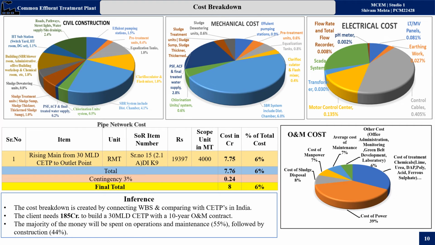In operation and maintenance, the cost of disposal will be 8% of cost, and manpower has 7 percent. So the cost breakdown is created as per the WBS, and the majority of the money will be spent on operation and maintenance, which is 55%, followed by the construction phase at 44%. The client needs 185 crore to build a 30 MLD CETP with a 10 year operation and maintenance contract.